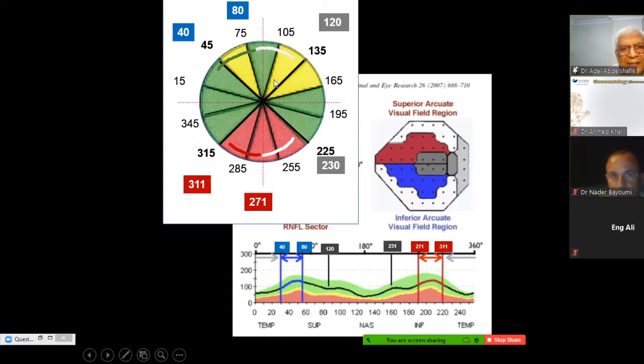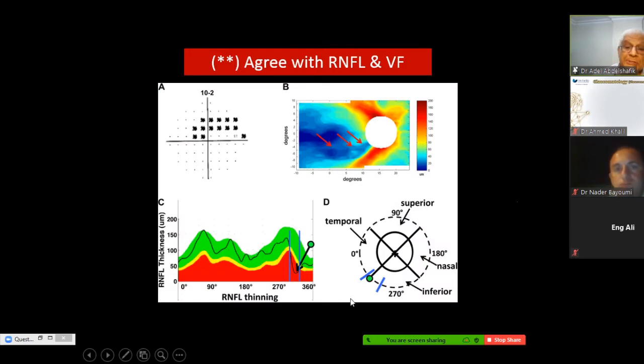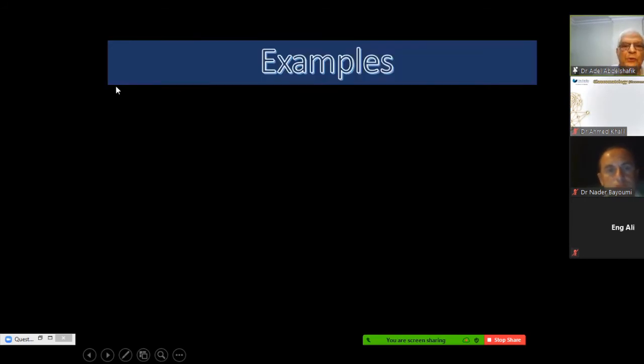Not exactly at the clock hours, but these are the locations of the inner parts and this is the outer parts. You have to keep this in mind. So if you have changes with several points together with the field, then you are more sure of the diagnosis.